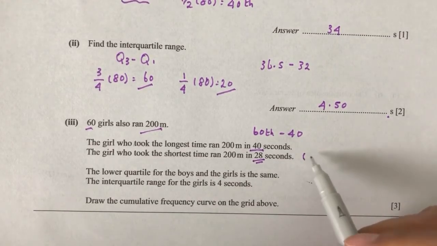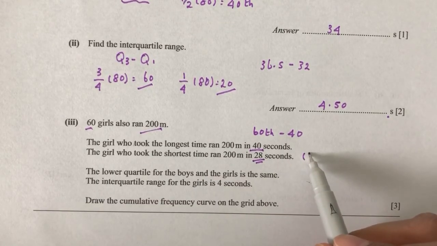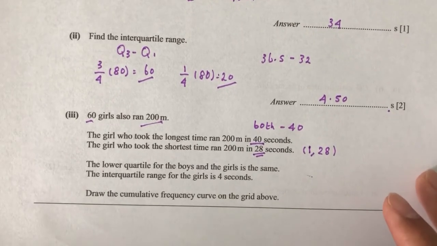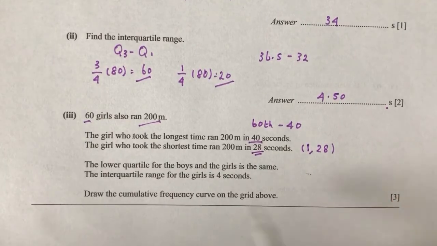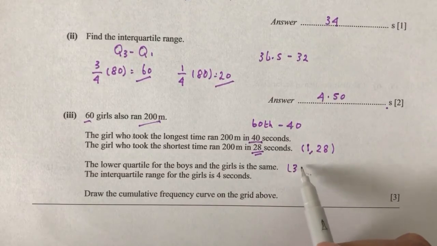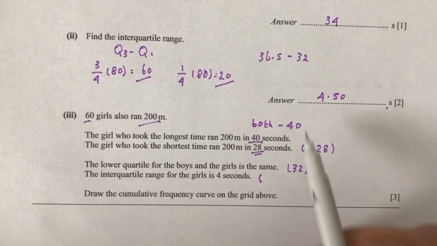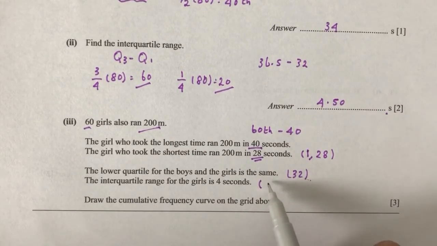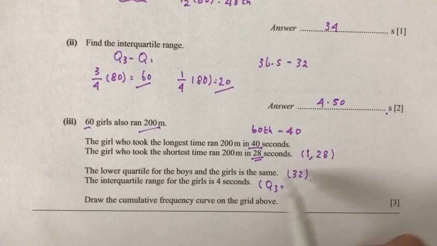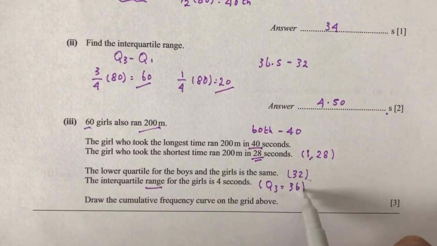So the first point we have, the shortest time, will be 28, for the first girl. Now the lower quartile for the boys and the girls is the same, which is 32, and the range for the girls is 4, which means the upper quartile will be Q3. Range is Q3 minus this, equal to 4, so this will be 36.